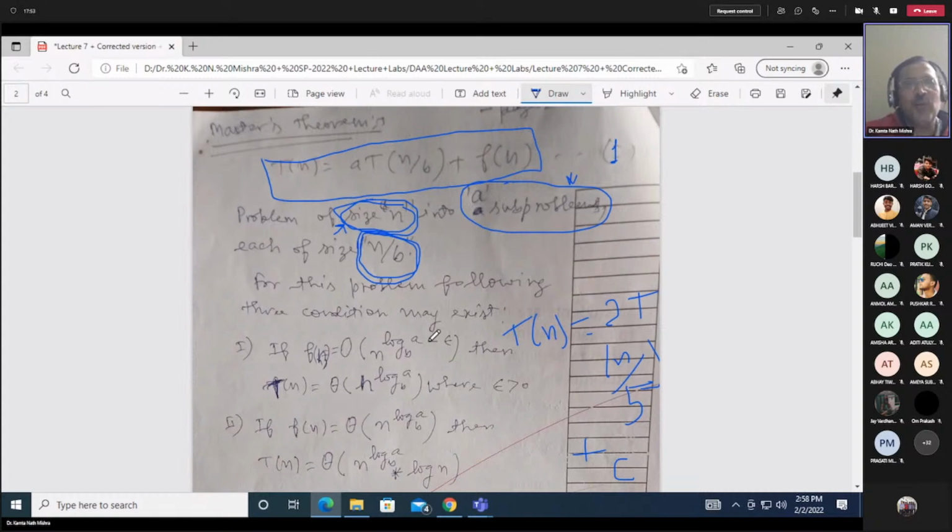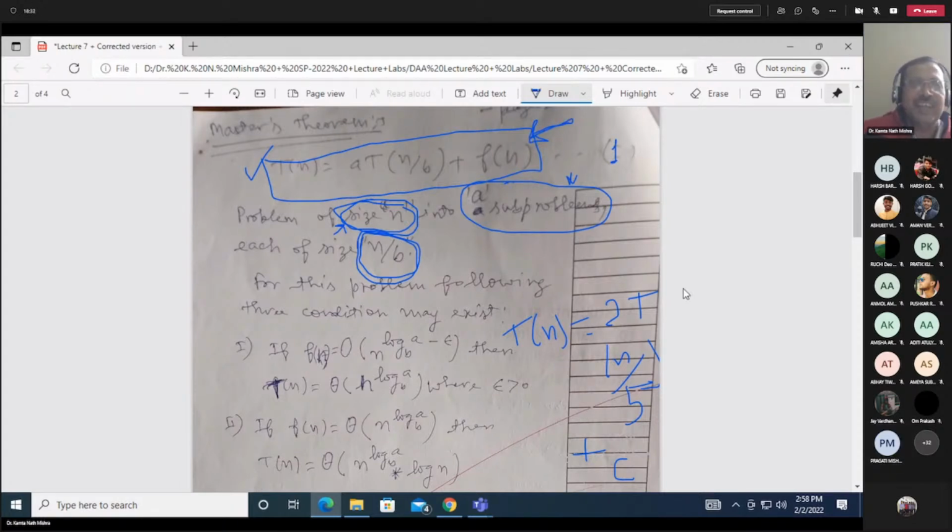Very good. So now this was the general equation, and if any one equation is given, Tn equals to 2Tn by 3 plus C, Tn equals to 4Tn by 5 plus Cn square, Tn equals to 3Tn by 7 plus Cn cube, any recurrence problem can be represented by this equation or not?